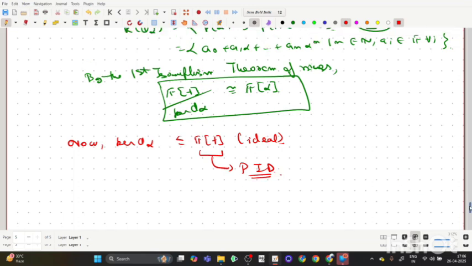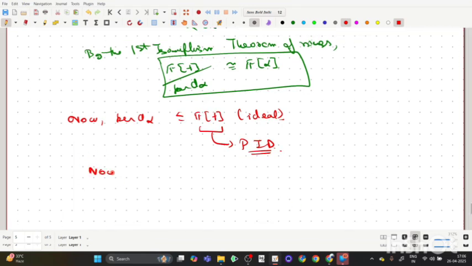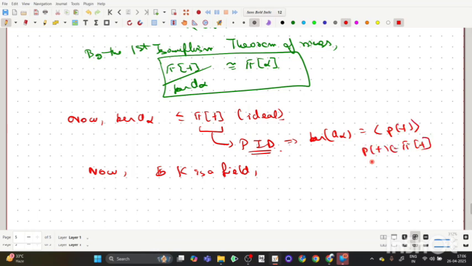Now see, K is a field, right? So that means that the kernel of phi alpha is actually generated by some polynomial p(t). So p(t) comes from it, right?